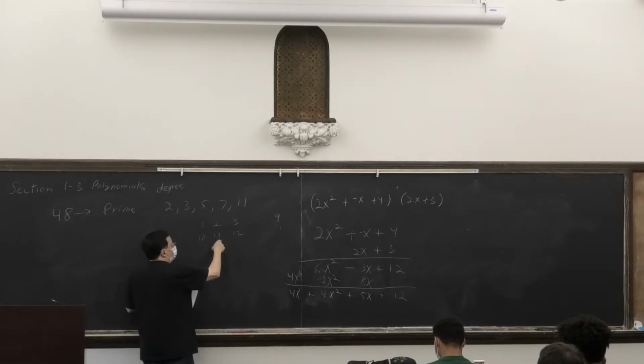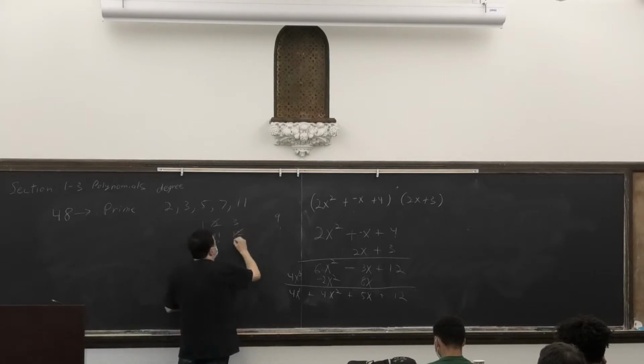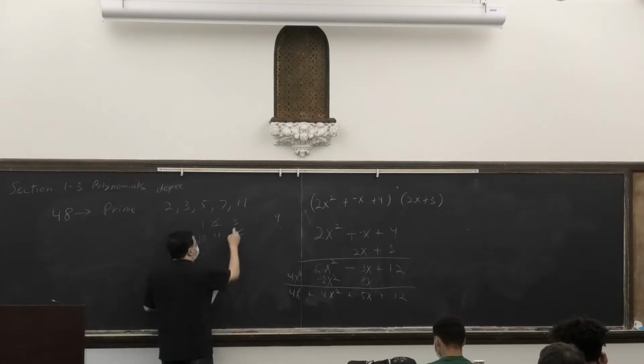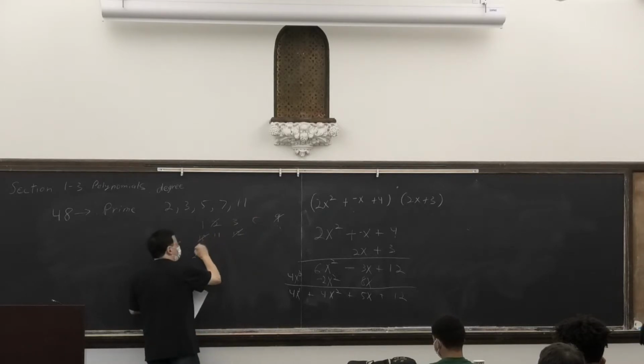And then just eliminate all evens. 2 here, 3, make 9. 5 here, so we can eliminate that.